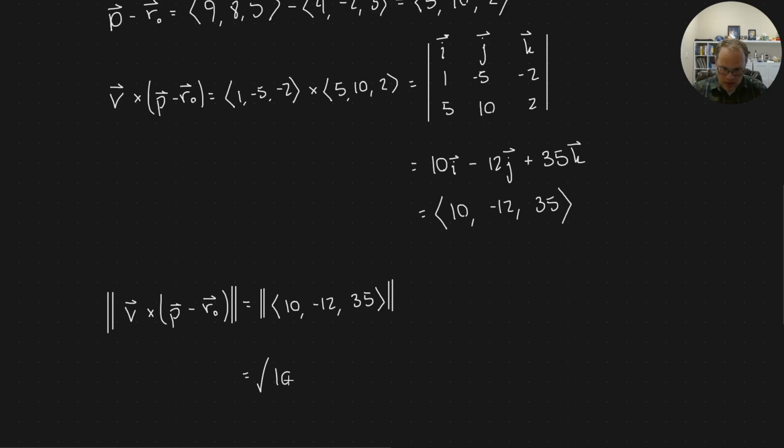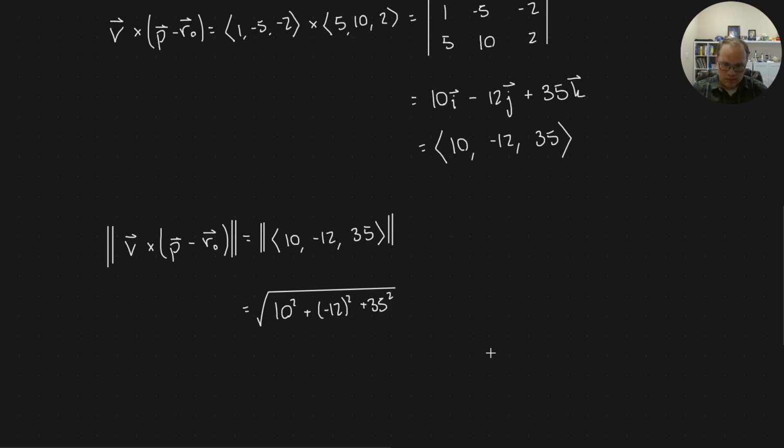So square root of 10 squared plus -12 squared plus 35 squared. And we're starting to deal with pretty big numbers here. Okay, 10 and 12 we could do pretty easily. 35, that's a little bit harder to do in our head. So now might be a good time to pull up a calculator.